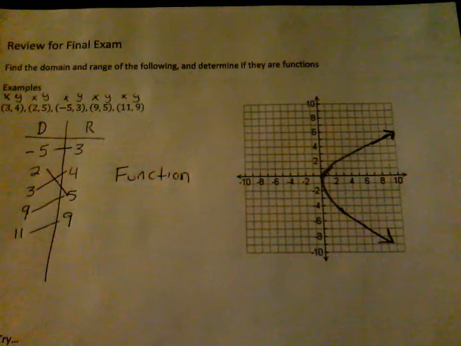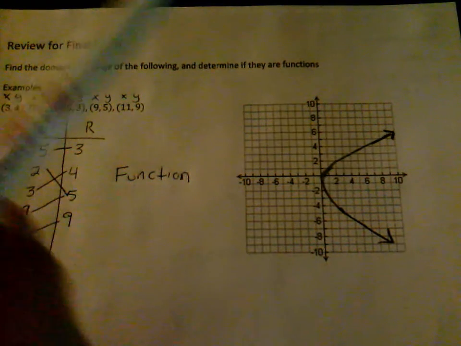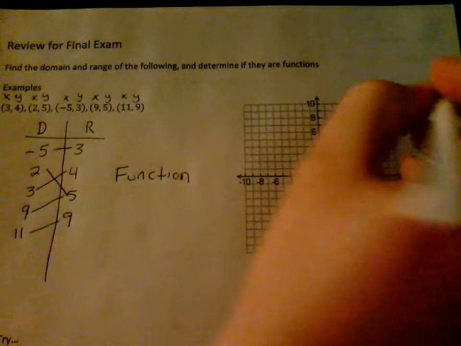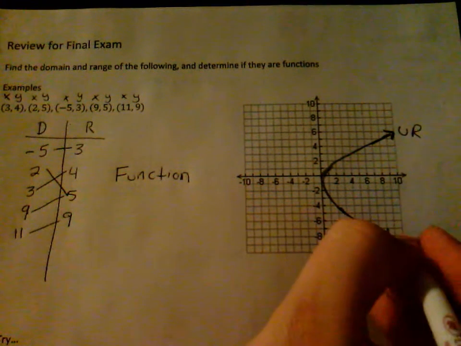Now, let's look at this. Domain and range for this one is a little bit more tricky. So we have to look at the arrows. That's what we care about. This arrow is going up and to the right. This arrow is going down and to the right again.